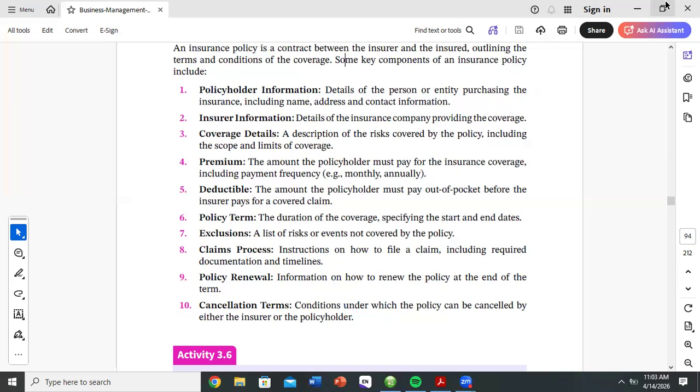And it happens sometimes when, for example, the company feels that with the number of policies they have, if the thing should occur, they cannot pay. So they also transfer some of the risk to other insurance companies by insuring those policies with the insurance company. So it can happen that an insurance company will also get insurance from another insurance company.